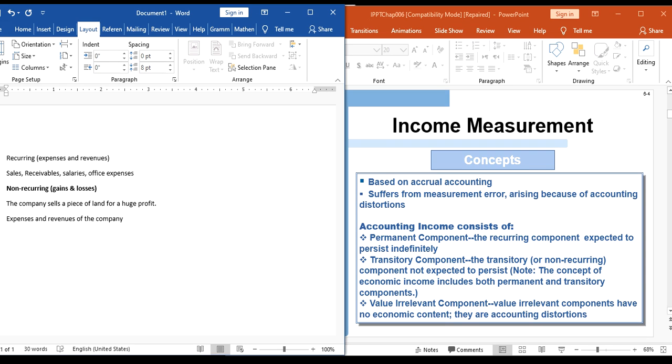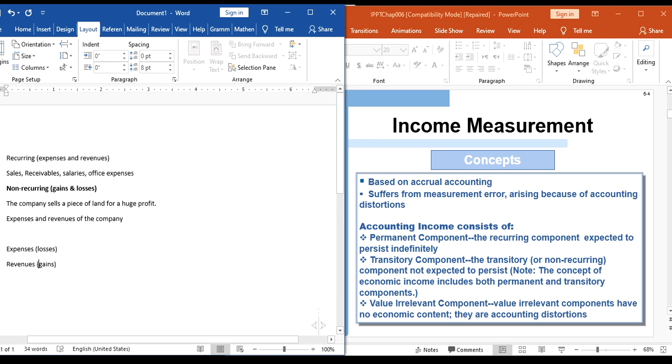So now we understand that whenever we talk about income, we go for expenses or losses and revenues or gains. So the aim of operating activity is to differentiate between expenses and losses and revenue and gains.